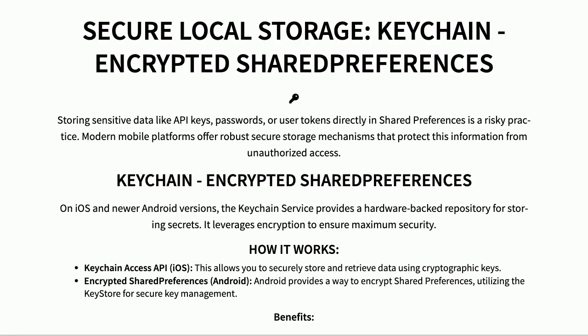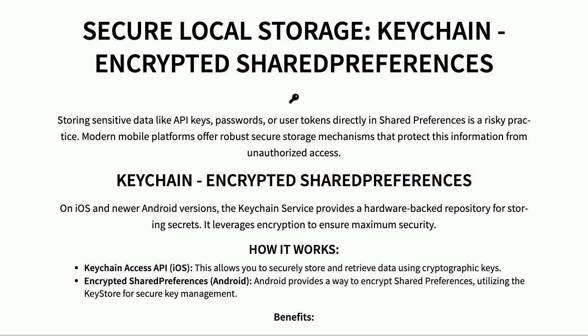Okay, let's talk about keeping your app's sensitive data safe. Storing things like API keys or user passwords in shared preferences, which are easy to access, can be a major security risk. Luckily, mobile platforms offer better options. On iOS, you can use the Keychain service. This is essentially a secure vault for your secrets.